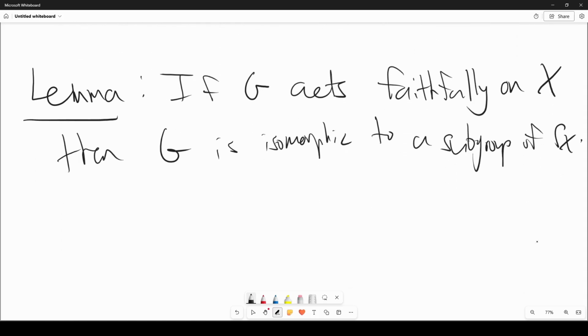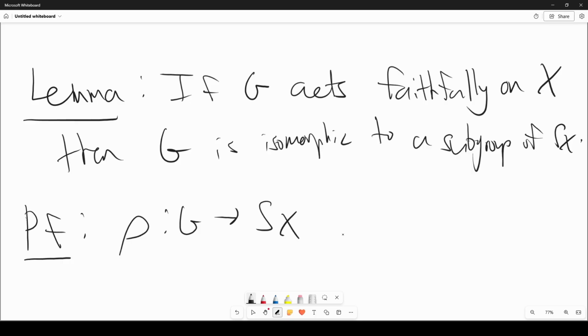Maybe if you've been following along with the definitions very carefully, this lemma shouldn't be too hard to prove, but let's do it together. Should be pretty quick. So let's consider our action homomorphism rho from G to S_X.